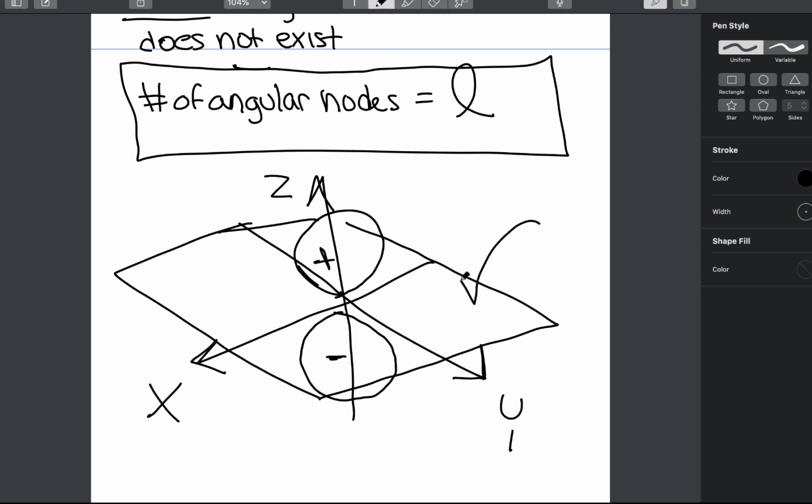And this is referred to as the nodal plane. And the nodal plane basically serves to separate the two different sides of the wave function. So here on the top of the nodal plane we have the positive region, and on the negative part of the orbital we have the negative region. And in between that is a nodal plane.